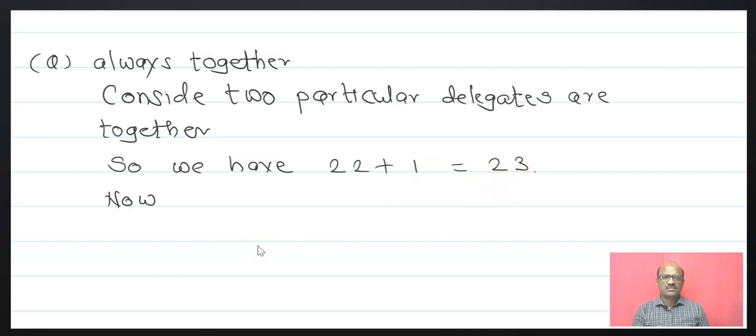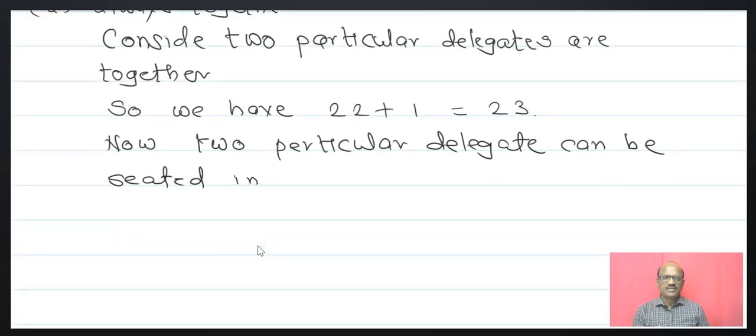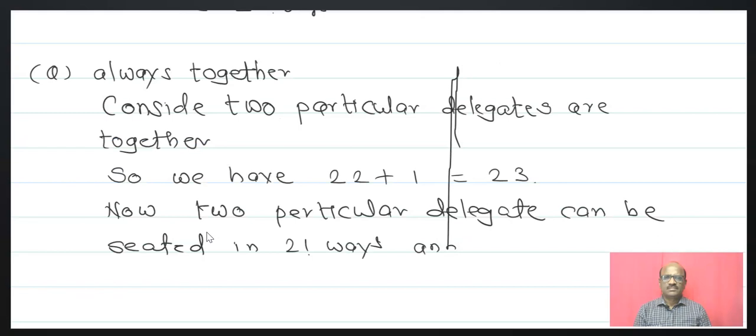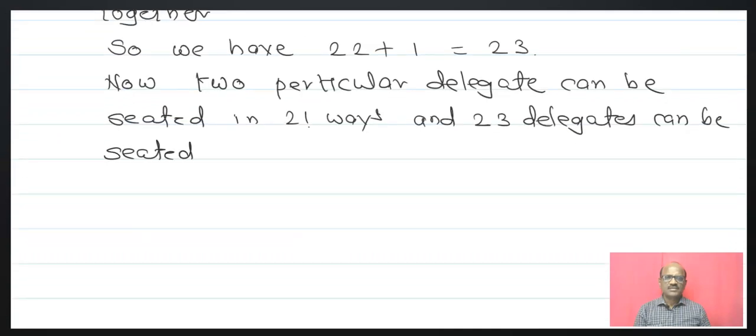The two particular delegates can be seated in 2 factorial ways, and 23 delegates can be seated in 23 minus 1 factorial, that is 22 factorial.